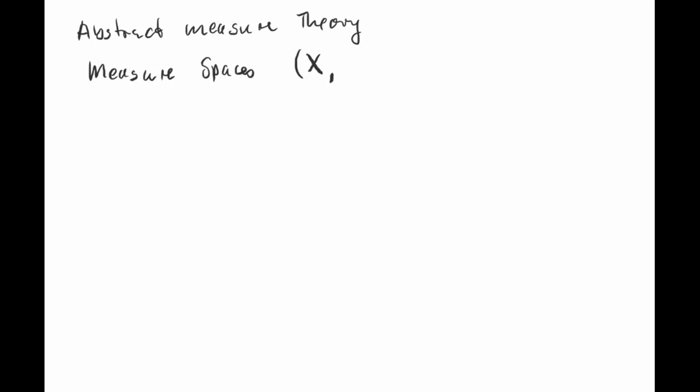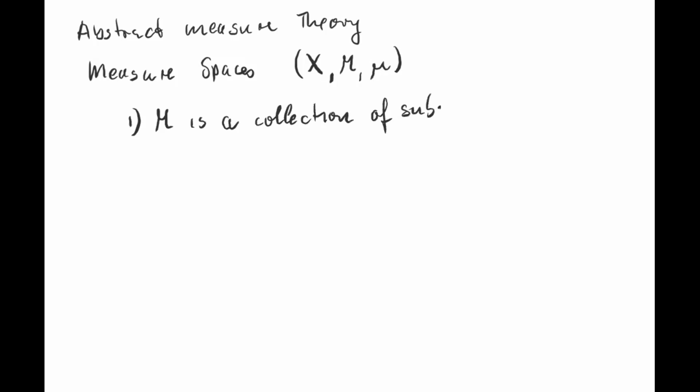And on that space X, we have a collection of subsets M. First, M is a collection of subsets which is not empty, first of all. And it's closed under complements.